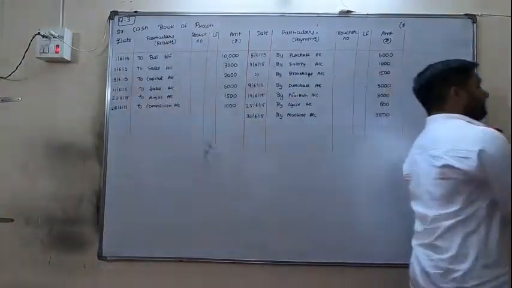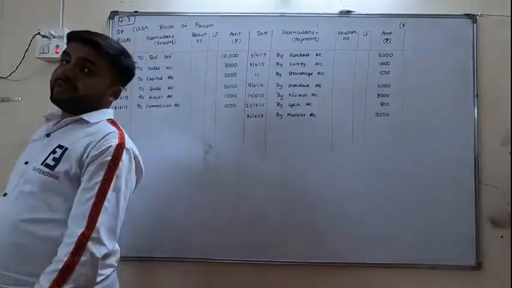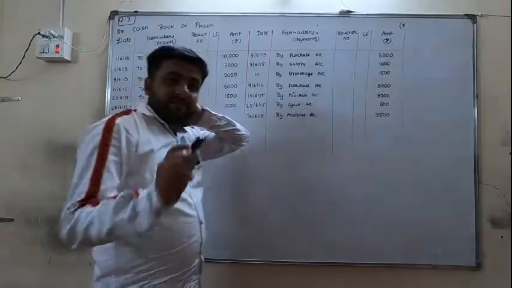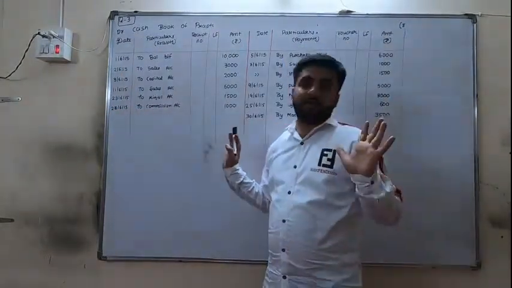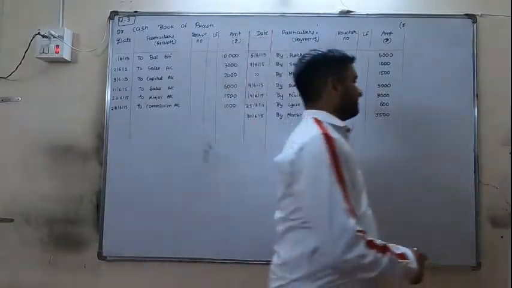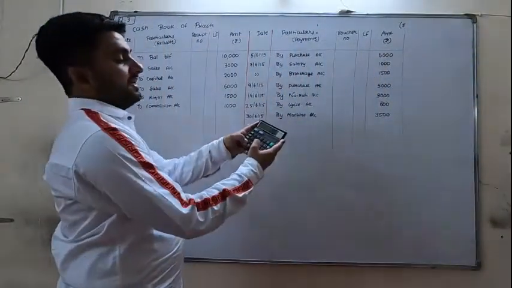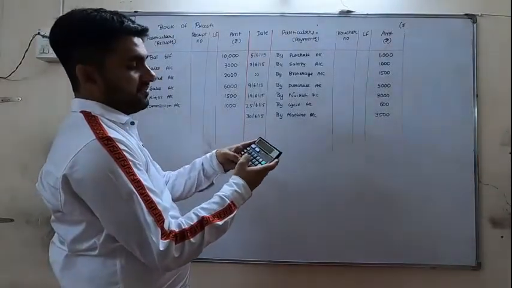Now as I said, after recording all the transactions, we have to take the difference of debit and credit. Whenever we are preparing a simple cash book, the debit side total will always be more. If you need, we can check. We can take the total of the debit side: 10,000, 3,000, 2,000, 6,000, 1,500, 1,000.